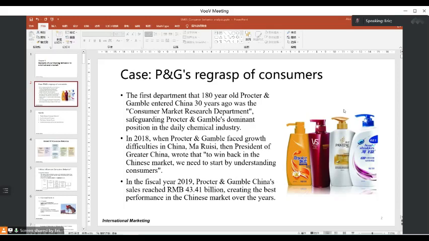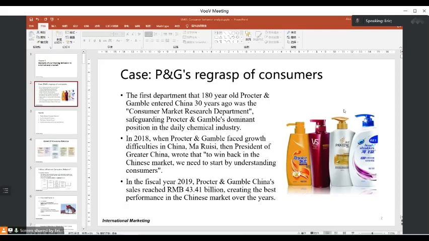So there's a big change in the consumer market. So we find that Procter & Gamble lost its number one position in the Chinese market.